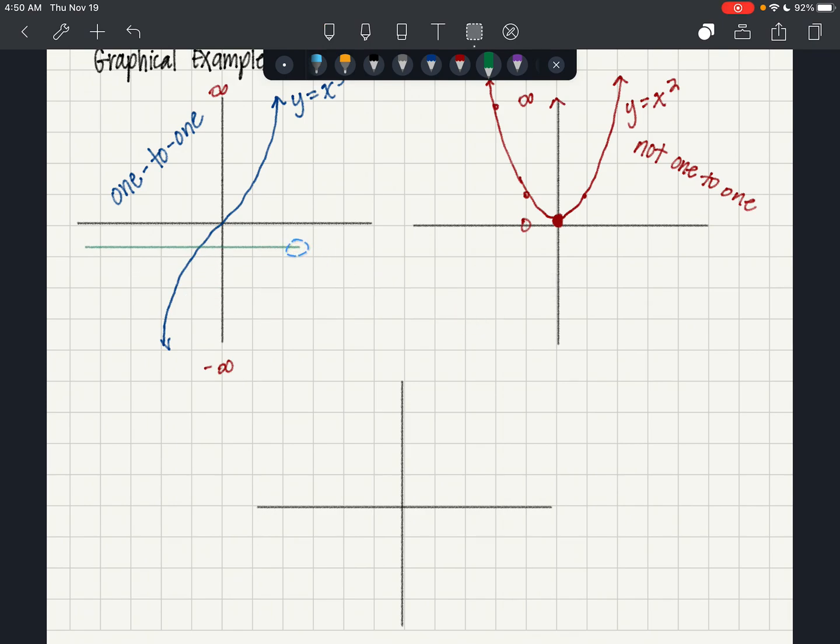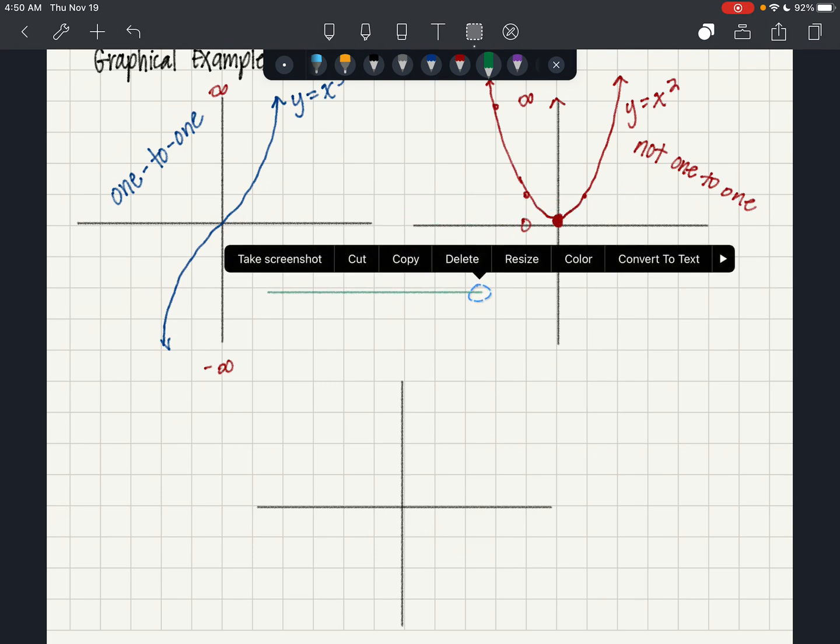I can pass a horizontal line through the entire function on the left, and it only crosses that horizontal line once. However, on the right here, the graph touches the horizontal line once at the vertex, but once I move that horizontal line up, the graph crosses through that horizontal line 2 times, and once it passes through more than once, it's not one-to-one. So it fails the horizontal line test.